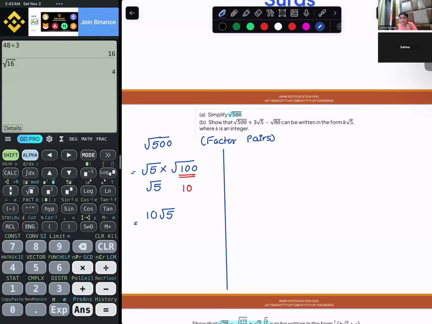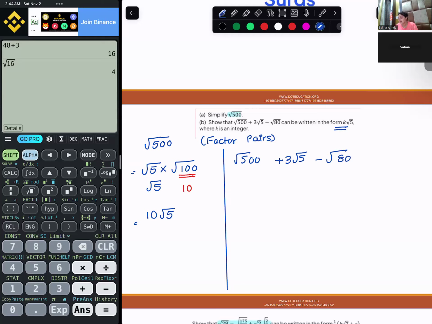Now the B part: show that root of 500 plus 3 root 5 minus root of 80 can be written in the form of k root 5.